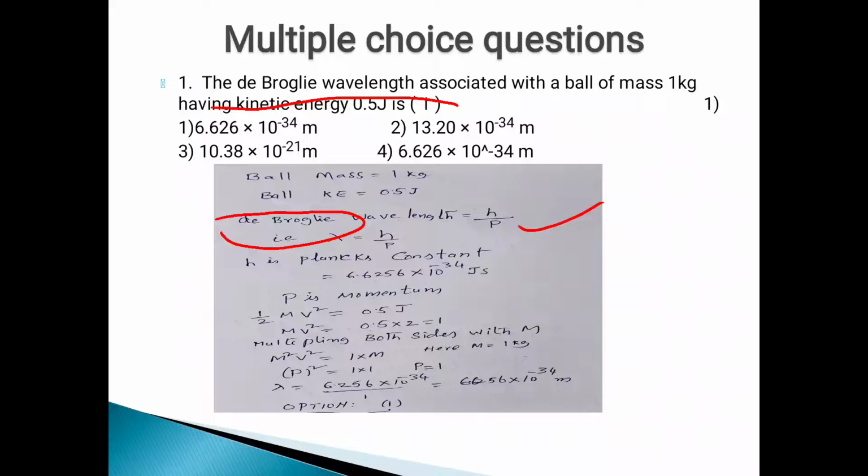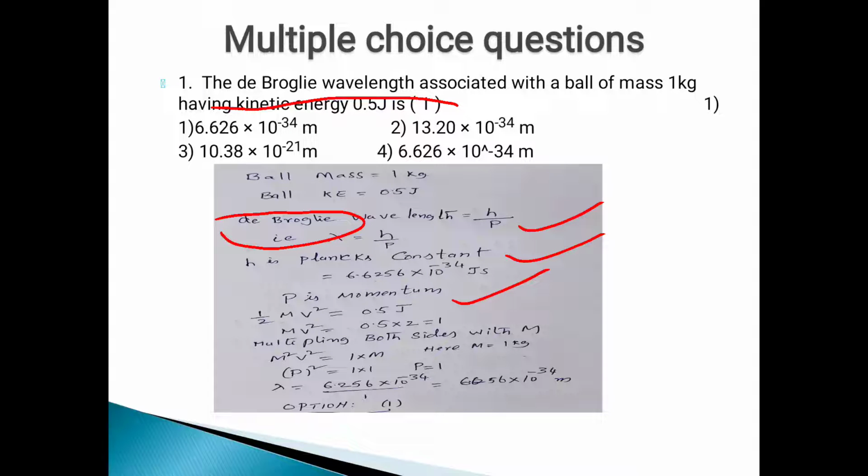Lambda is equal to h by p, where h is the Planck constant, whose value is 6.6256 into 10 to the power minus 34. Here, p is momentum. Momentum has not been given. Instead, the kinetic energy has been given.